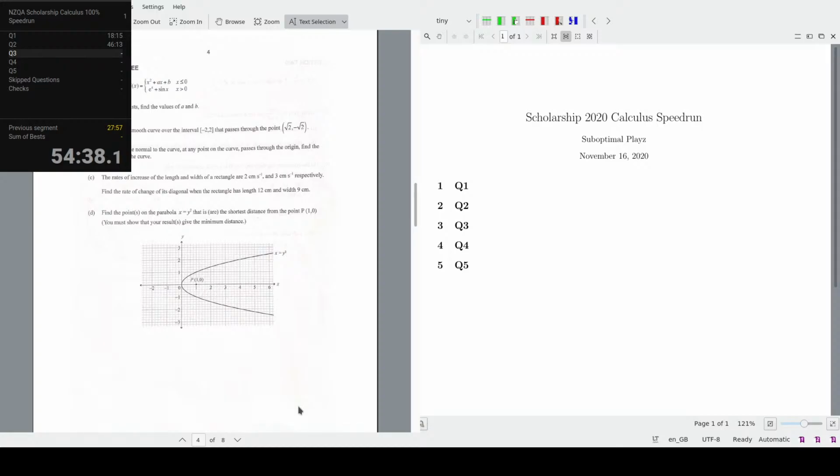So let the length of the diagonal be d. Okay, so d is equal to the square root of w squared plus l squared.